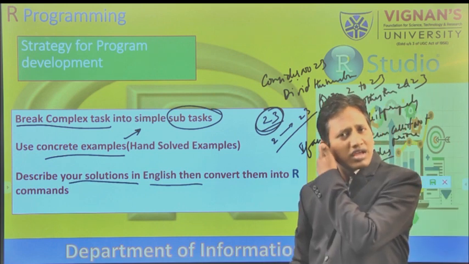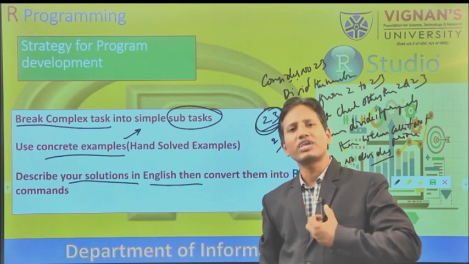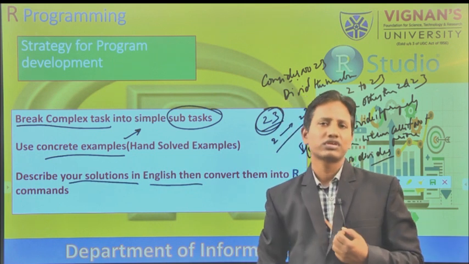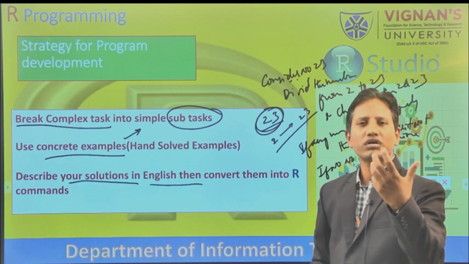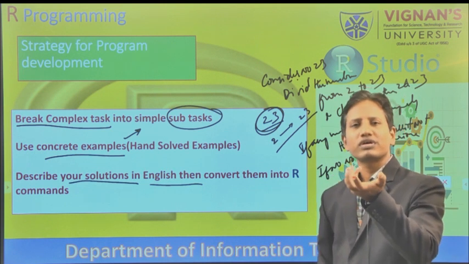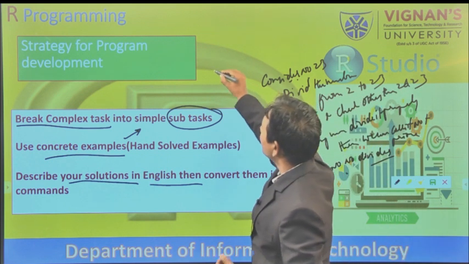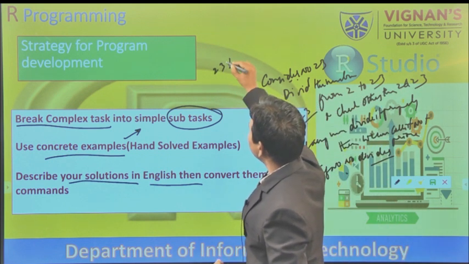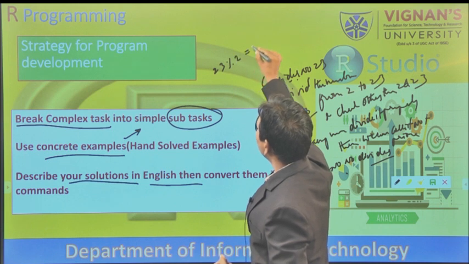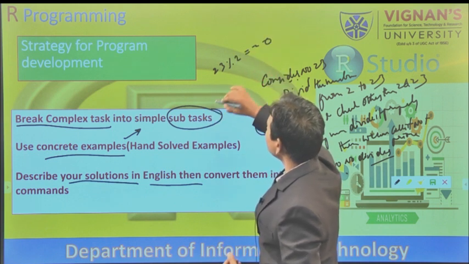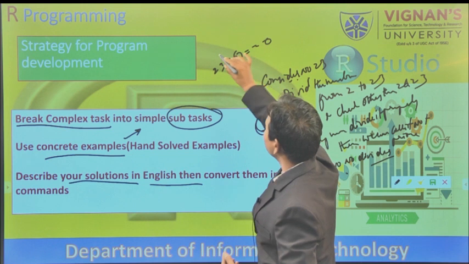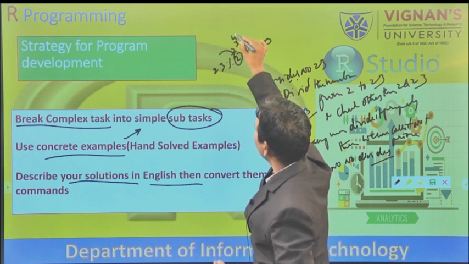This way, to understand it thoroughly, we have to put it in English words, and write down some pseudocode kind of thing, like the conditions. If 23 mod 2 double equal to 0, and then in place of 2 comes 3, 4, 5.